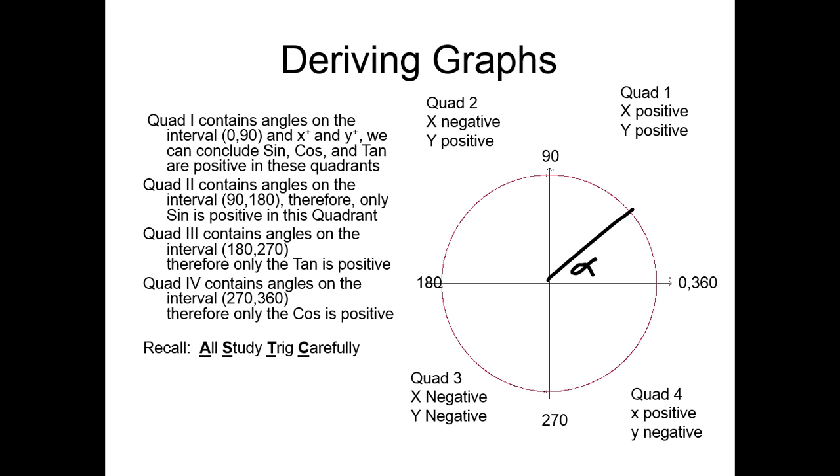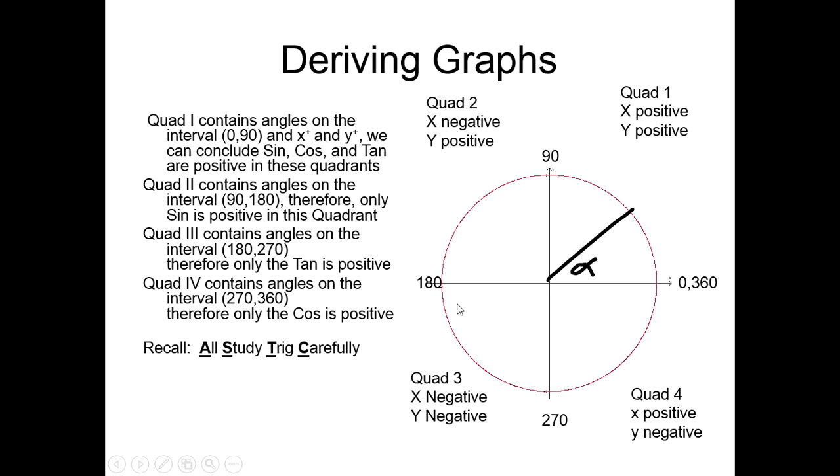So we have a little mnemonic: All Study Trig Carefully, and you better believe it. All Study Trig Carefully, meaning working your way around the quadrants. In quadrant 1, all three major trig ratios, sine, cosine, and tangent, are positive. In quadrant 2, S is for sine, meaning only the sine is positive.